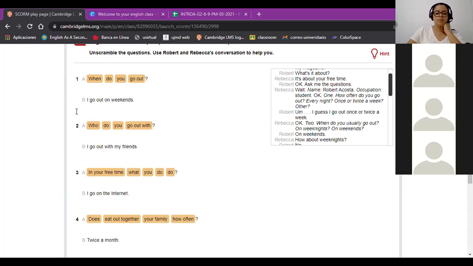Okay, let me give you the pronunciation of these ones. Who, with. ¿Se acuerda que al inicio de la clase yo les dije que cuando vean esta como Z, se van a acordar de la pronunciación de los españoles con la Z? Como dicen ellos, corazón, ¿verdad? Entonces esa es la pronunciación que queremos aquí. With, not wis.